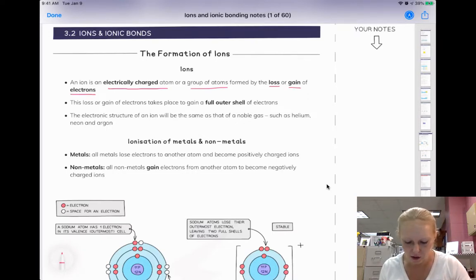And you also were told the reason that they wish to lose or gain electrons was to fill their outer shell. Because the whole point of bonding is to create a full outer shell of electrons, which will give it the same configuration as a noble gas.